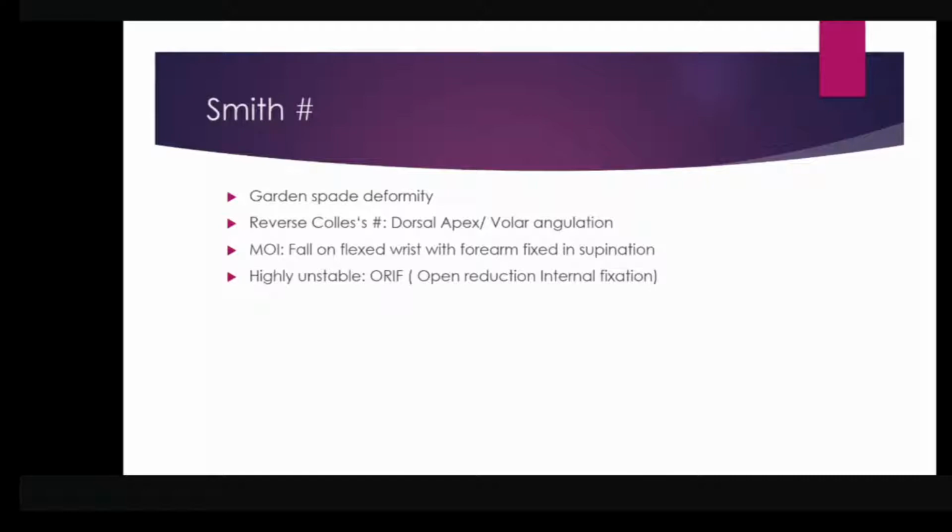All these features you can assess in X-ray except supination. Impaction means the collapse of the fracture fragment, or you can assess it indirectly by measuring the limb length, which is shortened when there is impaction.